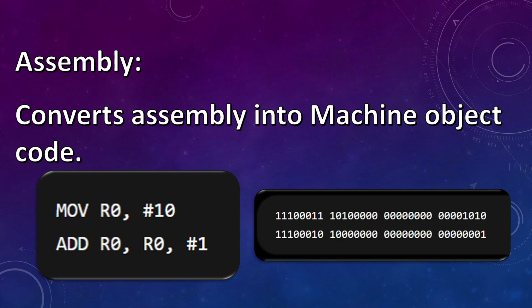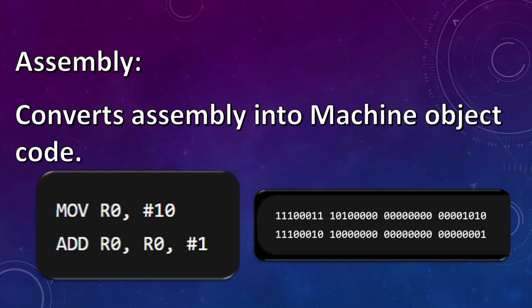So move means moving the data, add means doing an addition operation, and r0 is a register, where the values will be stored. Registers are very small memory locations inside the processor used for temporary operations.